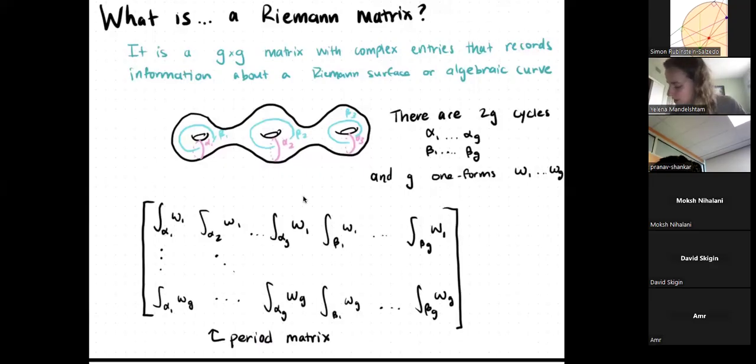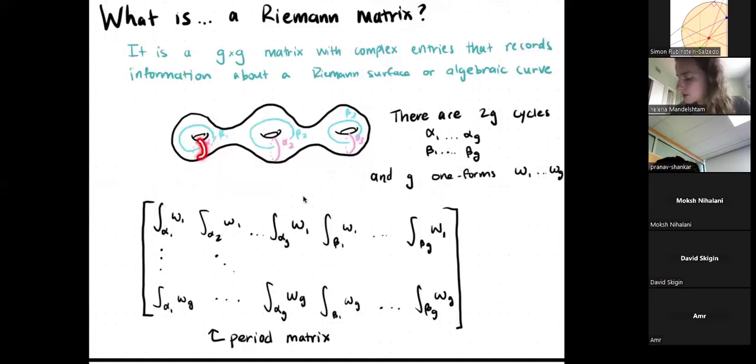The Riemann matrix comes from the period matrix originally. The period matrix is G by 2G, and here is how you get it. In a genus G surface, you have 2G independent cycles. A genus 3 surface, for example, will generally look like this.